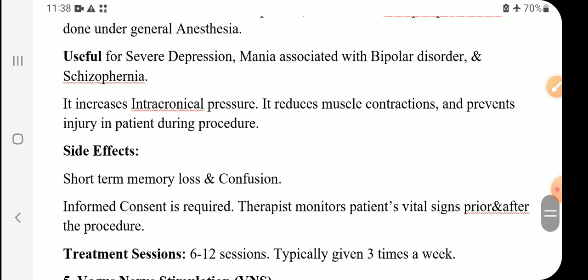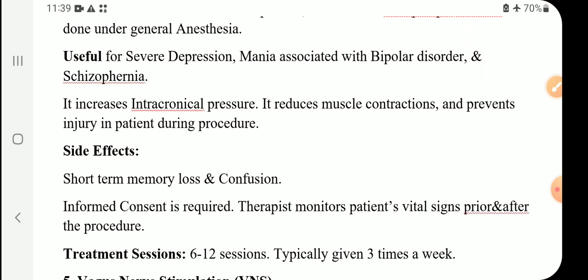And we do have side effects in this procedure as well. After this procedure, the patient might face short-term memory loss and confusion, and that's why the therapist will normally take consent from the patient's family, parents or spouse.